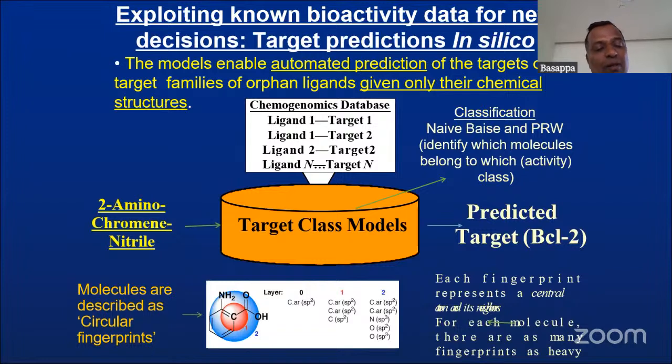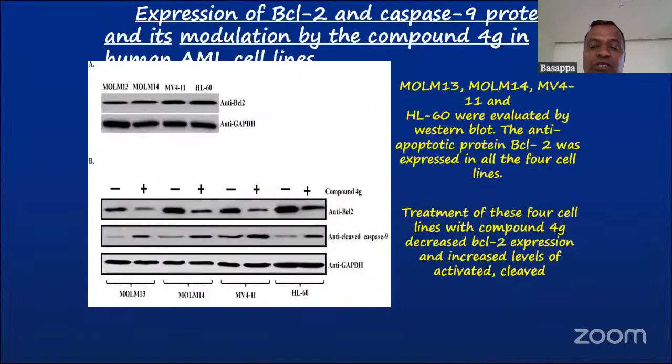In the same way, we identified the drug target by the chemogenomic method. Our Naive Bayes and Parzen-Rosenblatt classifier, which we used in both cases, predicted that the 2-amino chromene nitrile that we prepared could target BCL2 by in silico method, with a high score.